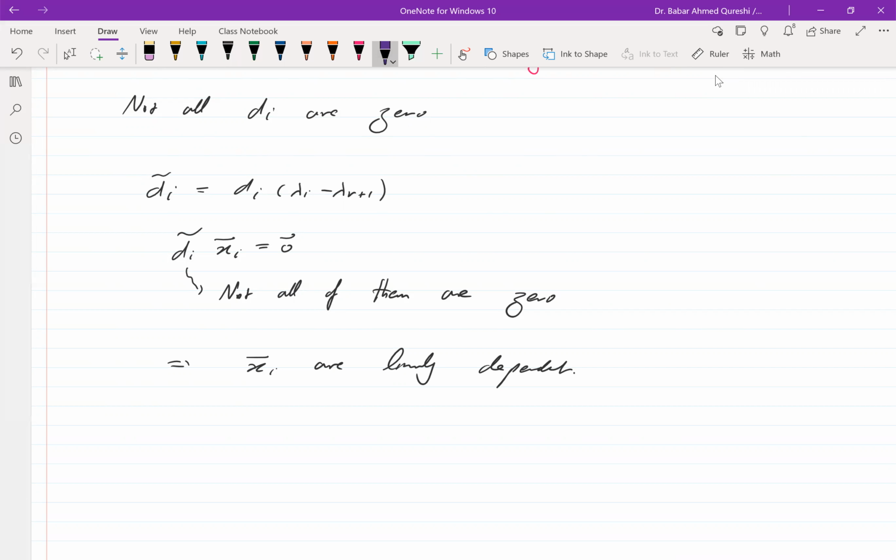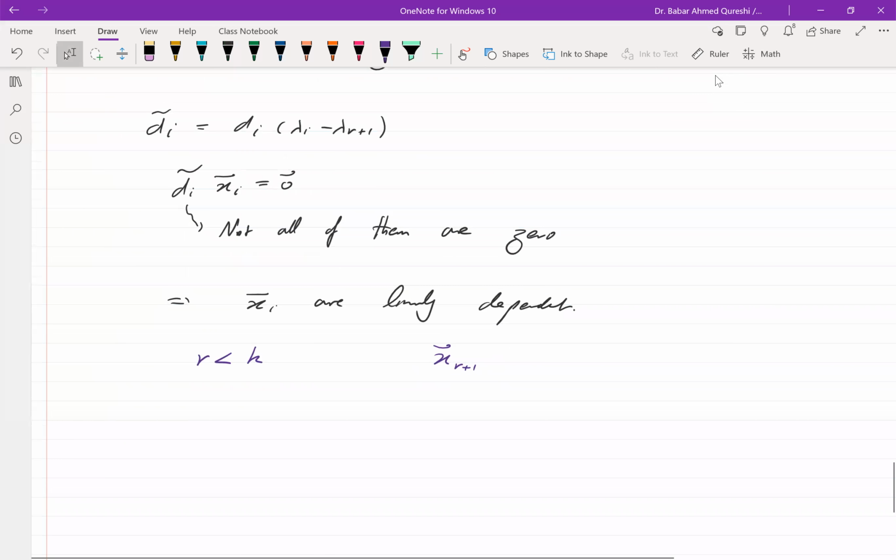So what could go wrong? What went wrong was that I assumed that this r is less than k, so that I could put this extra vector, which screwed up things. So there's no such extra vector, and r is equal to k.